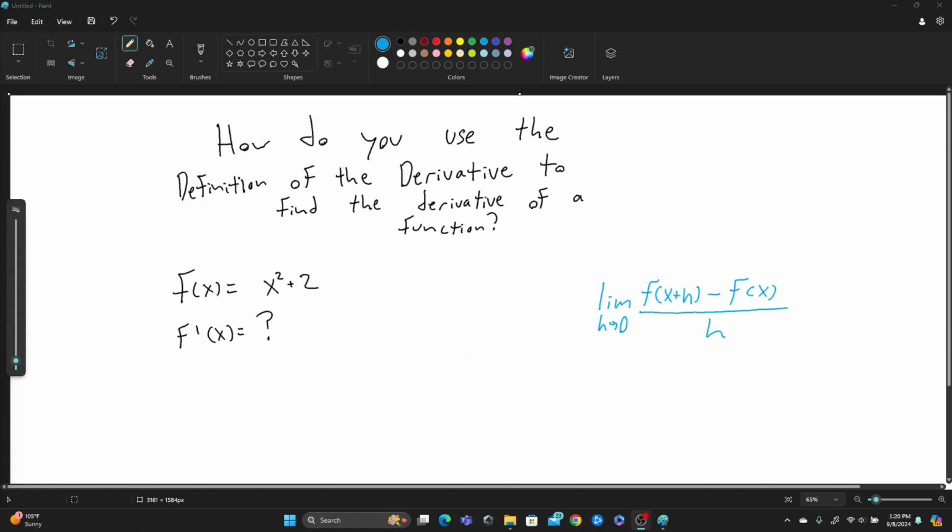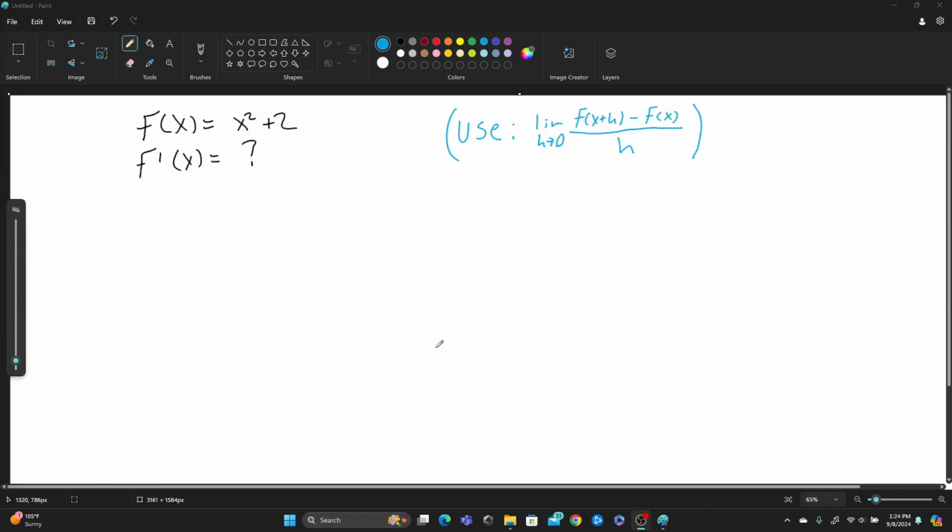of the derivative. Okay, so in this first problem, we're asked to find the derivative of f of x, where f of x equals x squared plus 2, using the definition of the derivative, the limit as h approaches 0 of f of x plus h minus f of x over h. The first step is taking this x squared plus 2 and plugging it into the definition.